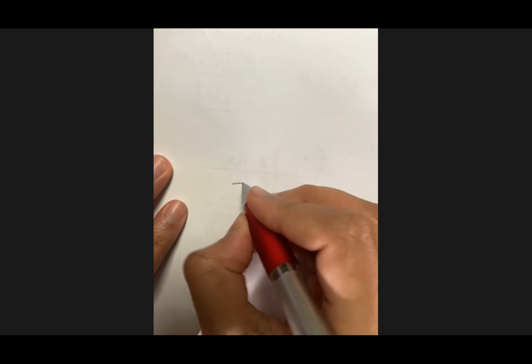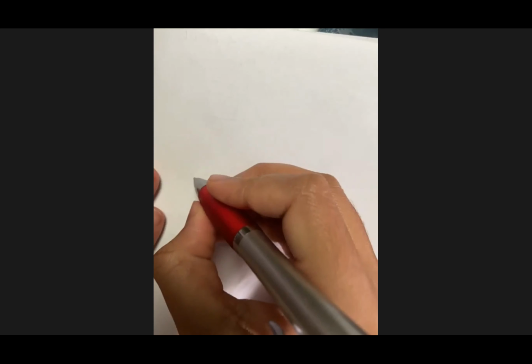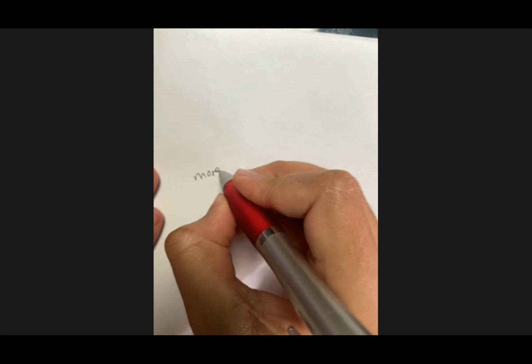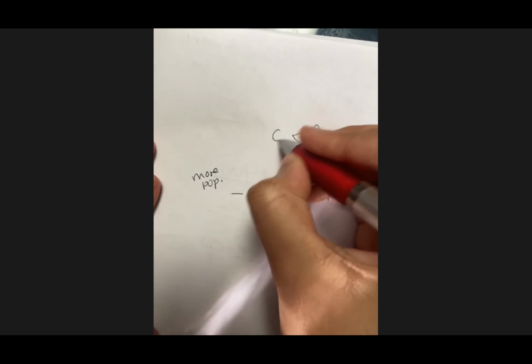So if you have a general sequencing game and they're talking about more or less popular, if it's not super instinctive whether more popular goes this way or that way, you'll need to label it in. You might need to write more popular and less popular, right? And so if they're telling us that P and S are less popular than Q, then P and S would be closer to the less popular side than Q would be.